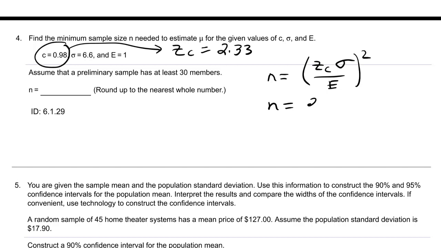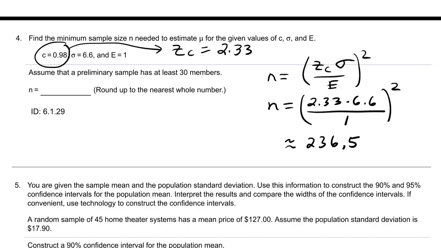So n is just 2.33 times sigma, which has been given as 6.6, divided by e, which has been given as 1. Square that, and we should get approximately 236.5. But again, we're talking about sample size, so we're going to round that up to the next whole number, which is 237.